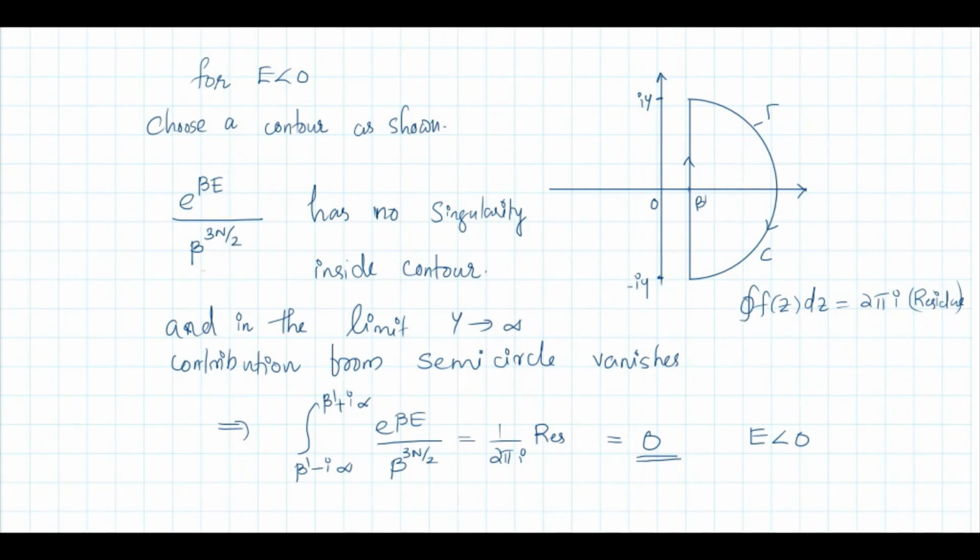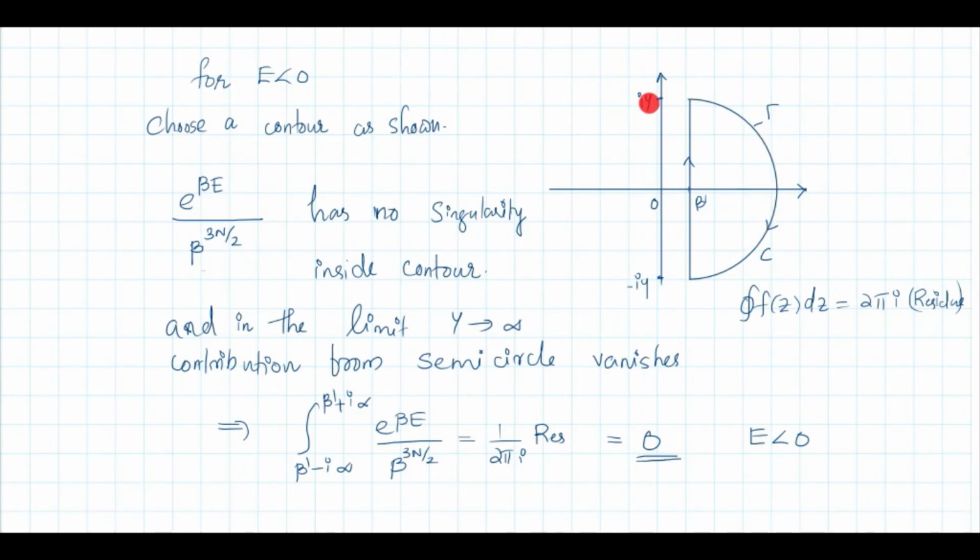So the Cauchy residue theorem says that the closed integral of f of z dz is 2 pi i times the residue at the singularities, but there is no singularity, so the residue is 0. So the closed integral answer is 0. But what about this integral? The straight line integral plus this semicircle will give you the closed integral.